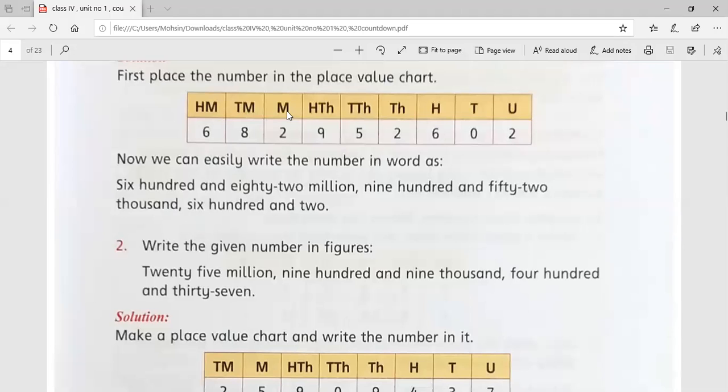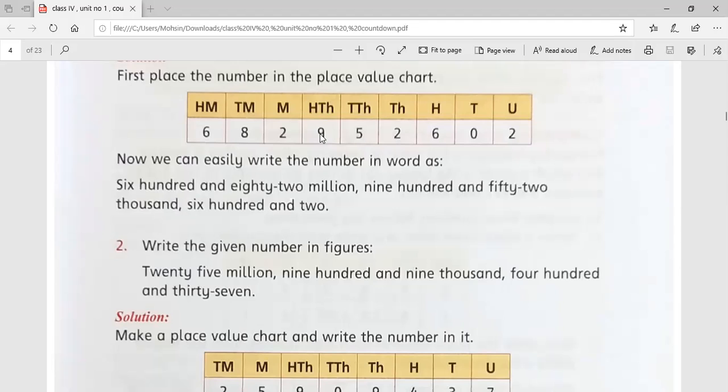When I end with the millions, then I write million here. 682 million. Here you can see I end the millions. So I write million. After million, when I end the millions, I have to write a comma.